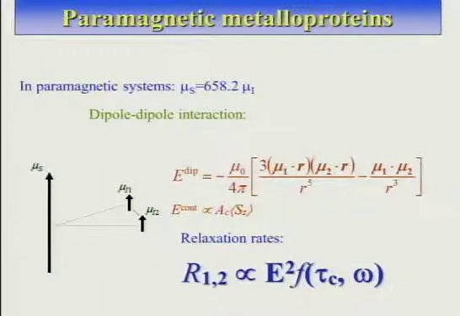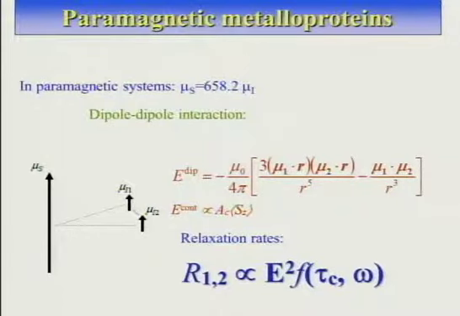Of course, you record what we call paramagnetic NMR data in systems that are paramagnetic, such as some metalloproteins, where the peculiarity is that they contain metal ions which have unpaired electrons.